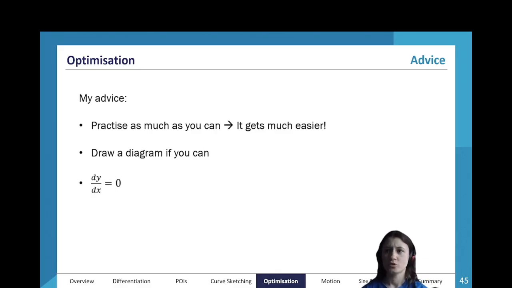So draw a diagram if you can. Make sure you include as much information as you can on the diagram, and what I mean by that is not just necessarily the lengths you've been given. Also point out things like if there are any right angles, any parallel sides, any sides that have the same length, any angle relationships even.